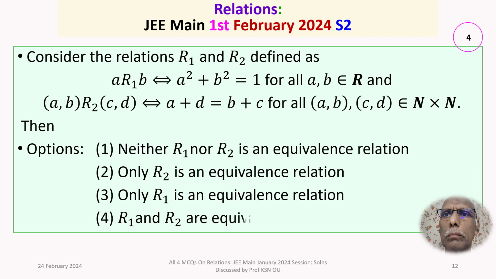Various options are given. Are R1 and R2 both equivalence relations, or is neither R1 nor R2 an equivalence relation? Only R1 is an equivalence relation, or only R2 is an equivalence relation? So look at the definition. Agreed.